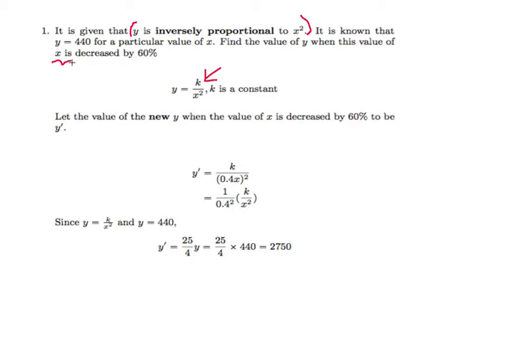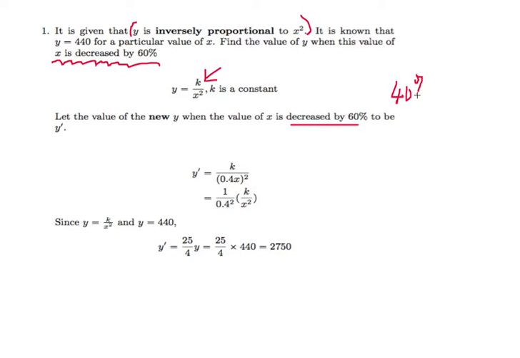Now they give you this clue, saying what happens when x is decreased by 60%. If you think about it, when you decrease x from 100% by 60%, it will be 40%.